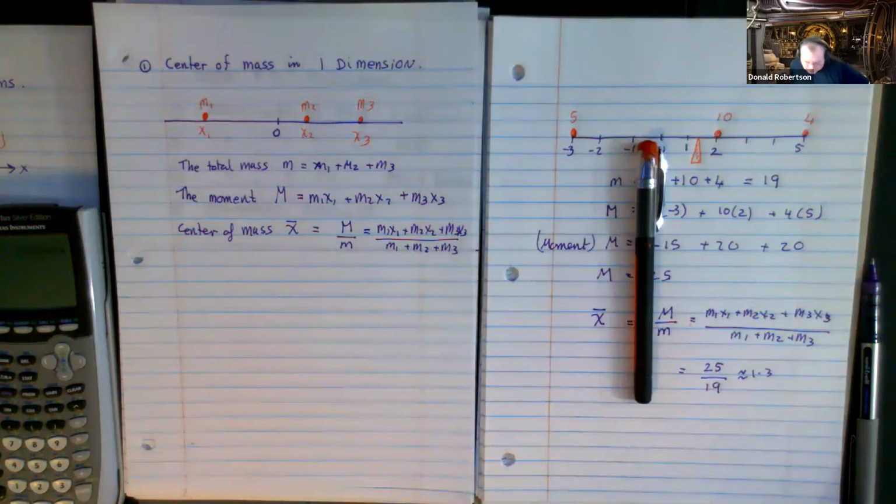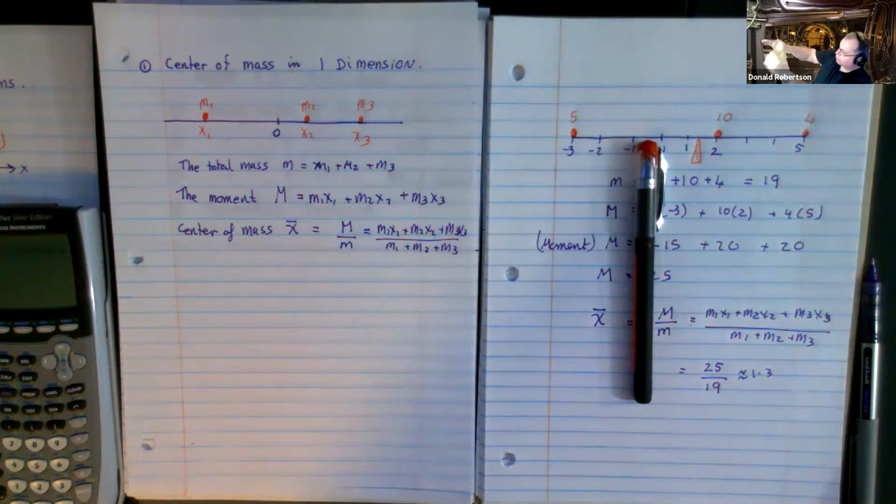So knowing where the center of mass is in construction is very important. Have you ever noticed that bridges are almost always symmetric in at least one, if not two dimensions? Aren't they? When you see a cantilever bridge, isn't it very symmetric? When you look at it this way, it's symmetric. If you look at it going down the road, isn't it perfectly symmetric as well?